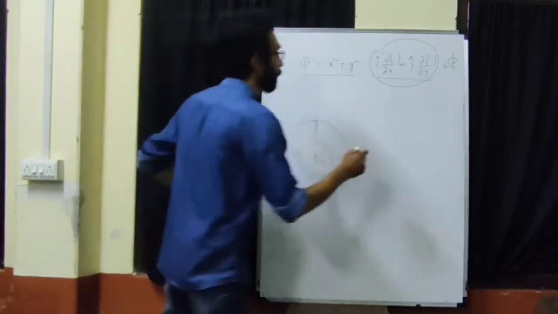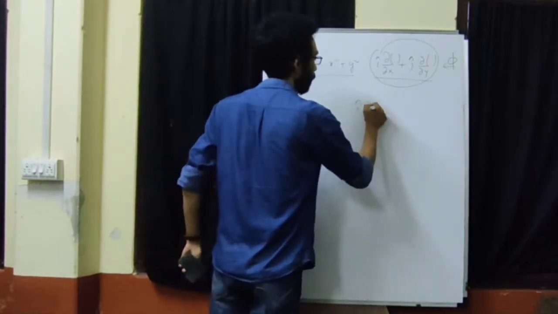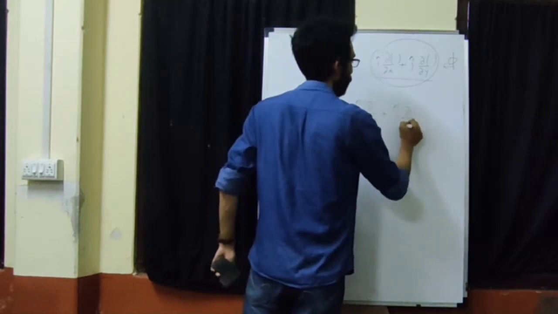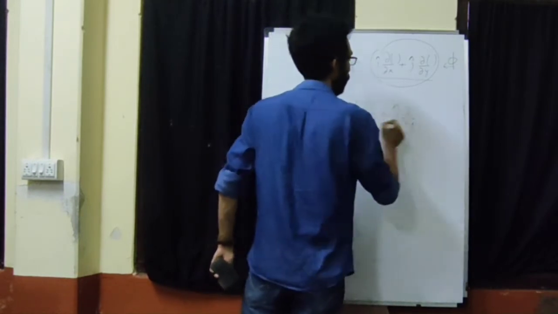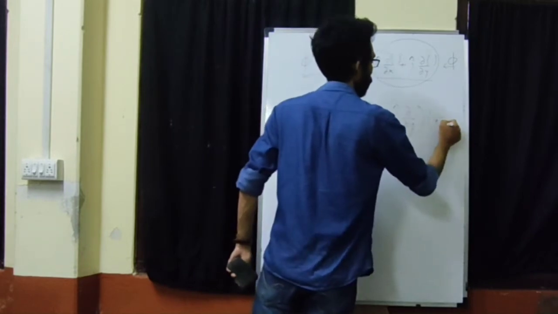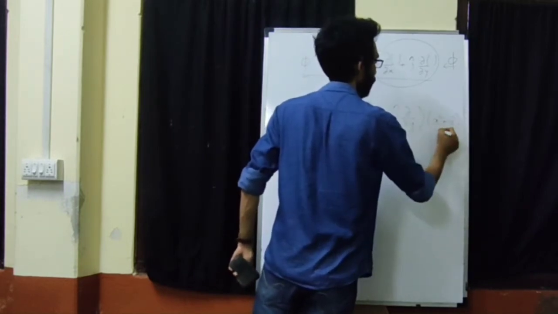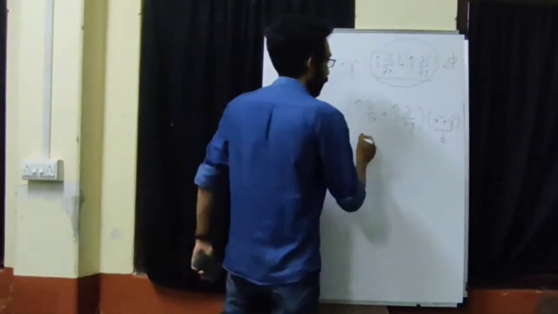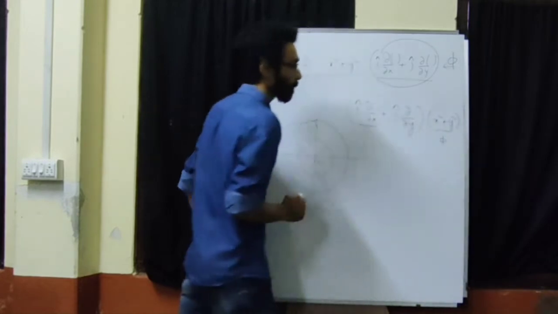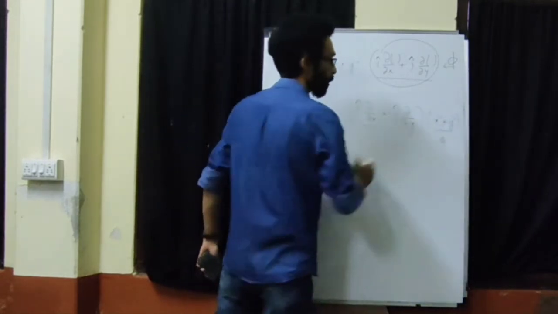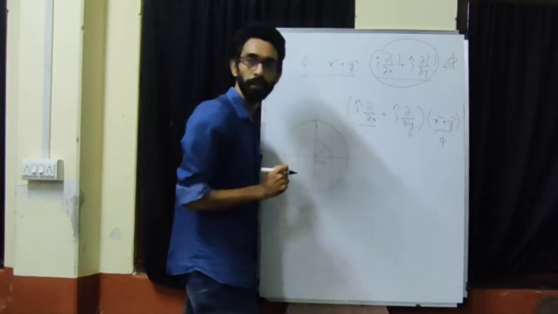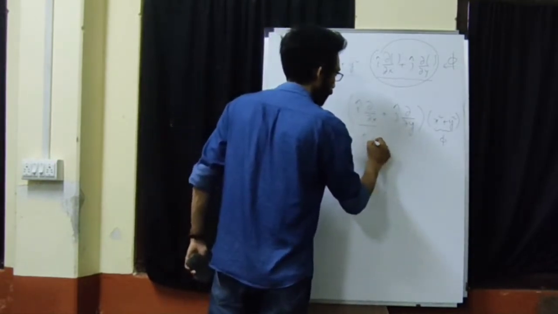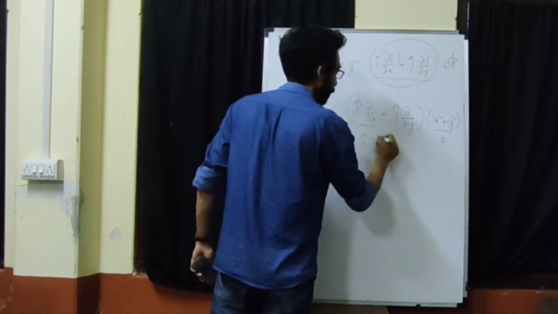So we have i cap del/del x plus j cap del/del y operating on x square plus y square, that this is nothing but our phi. Now when del/del x operates on this, because y is a constant, the derivative of y with respect to x is 0, so we only have i cap del/del x of x square.